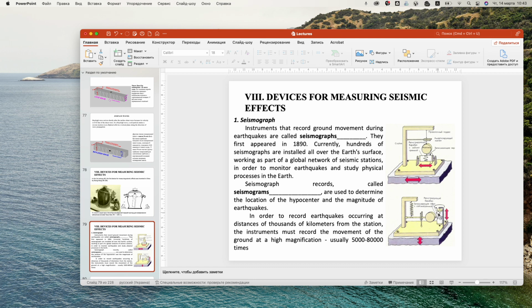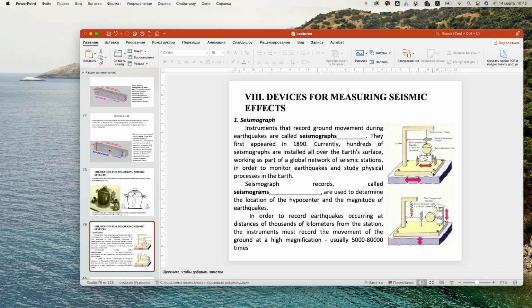Same situation with the record in vertical direction. Here you can find this pendulum, which is hung on this element, and when an earthquake takes place, this element stays stable, and the rest of this device moves in vertical direction. And after that, we will find one more record of the same earthquake, but in vertical direction.